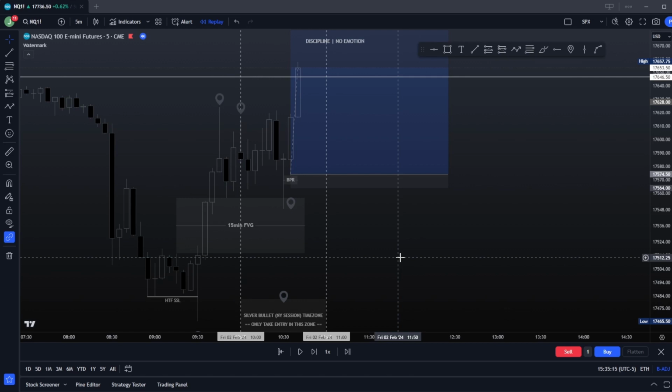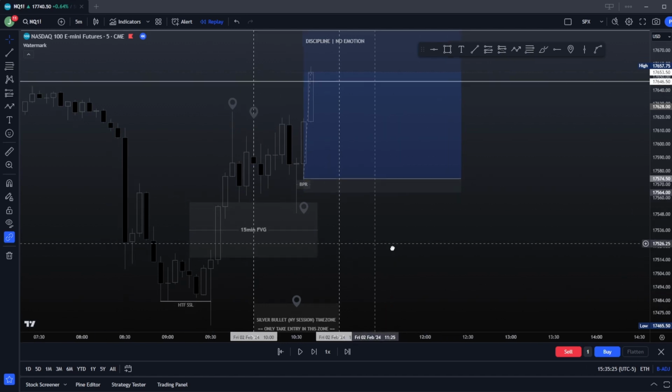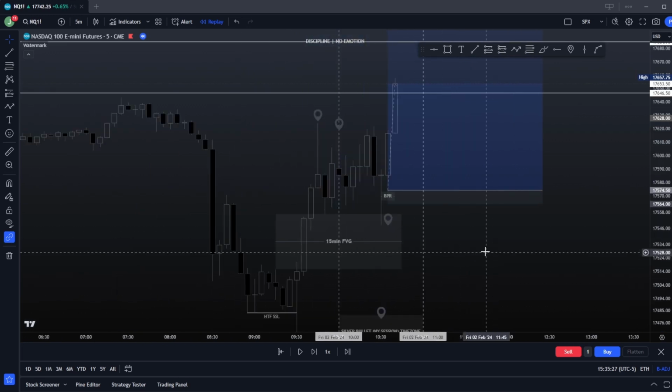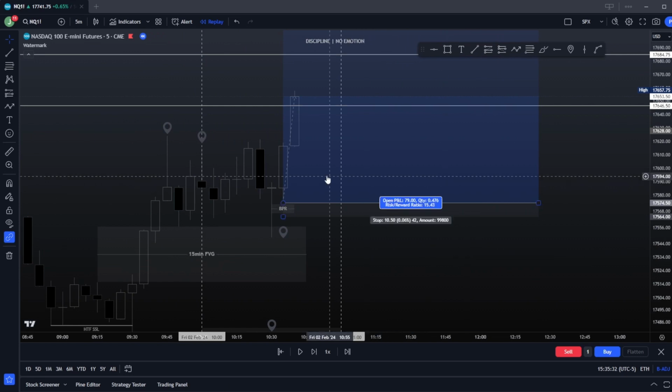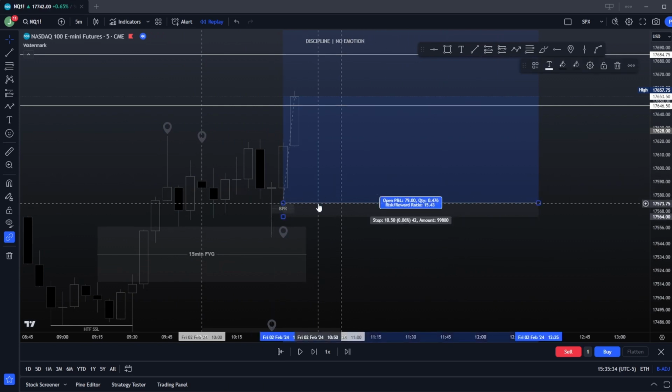Traders are supposed to ride the trend. That's the whole point. You trade with the trend. You don't fight the trend. So we catch this trend early on with this silver bullet. And the evolving silver bullet is absolutely gorgeous, absolutely beautiful. So we have our trade down here. We enter.